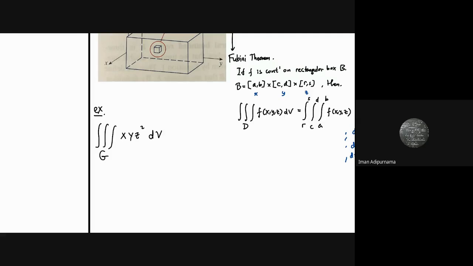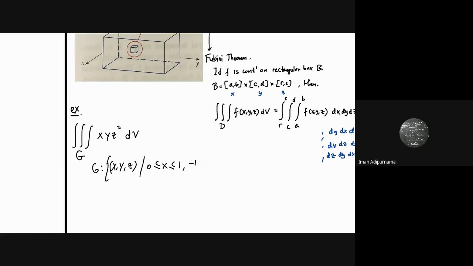And let's define G as X from 0 to 1, Y from -1 to 2, and Z from 0 to 3.